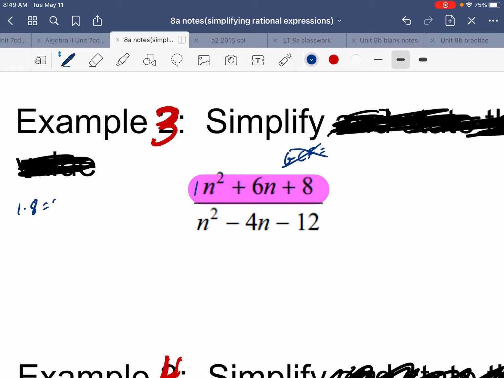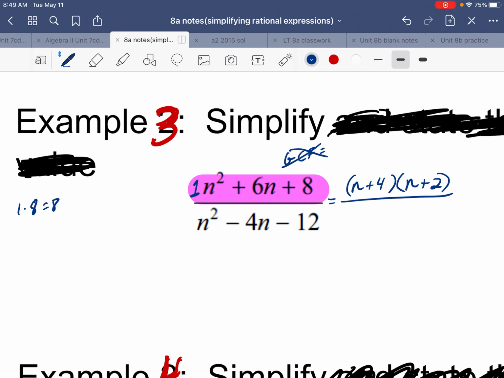Since the a term is 1, we can just do what 2 numbers multiply to c that add up to b. So what 2 numbers multiply to 8 that add up to 6? That's 4 and 2, or 2 and 4. Those are the second terms of your binomials. And n times n is n squared, and there's your factor.